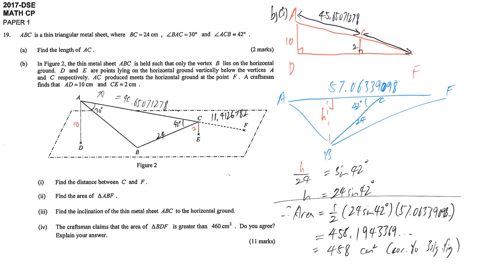Now, proceed to the most difficult part of this question. They ask you the inclination of the thin metal sheet ABC to the horizontal ground. That means they ask you the angle between the plane ABC and the horizontal ground. We always use the same method for that. First, we need to find the contact line. These two planes intersect on BF.